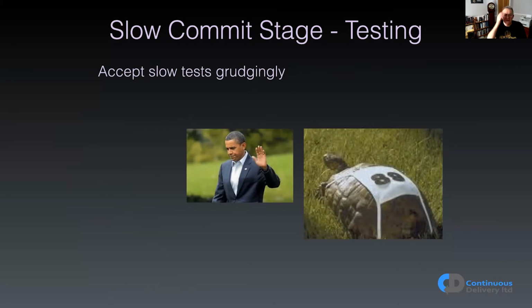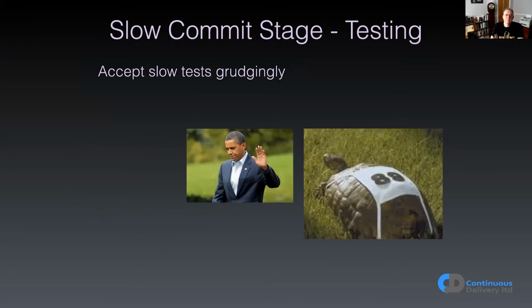Be very grudging in your acceptance of any slow tests. I talk about the objectives of the commit stage being in two parts. One is fast feedback in under 5 minutes, and the other is a high level of confidence, roughly 80% confidence that if all of these tests pass, everything else is going to be good.